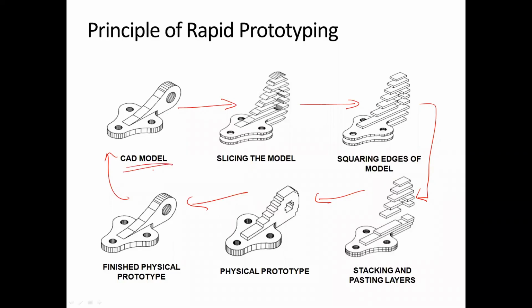Then, after generating the CAD model, we tessellate it. What is tessellation? I'll explain in the subsequent slides. Once we tessellate these models, we send them to other software which does the slicing of the CAD model. Now, when you slice a CAD model, it is as good as defining the layer thickness.